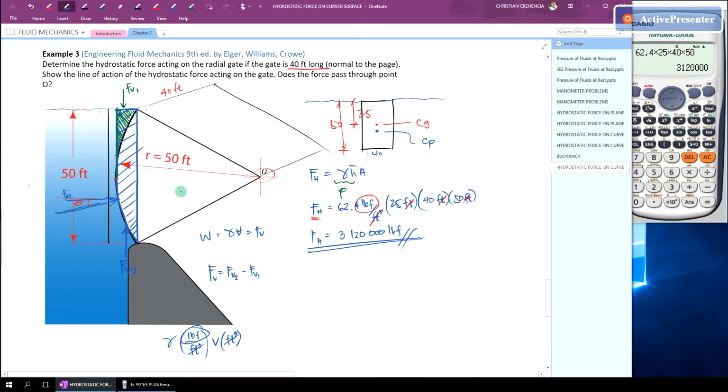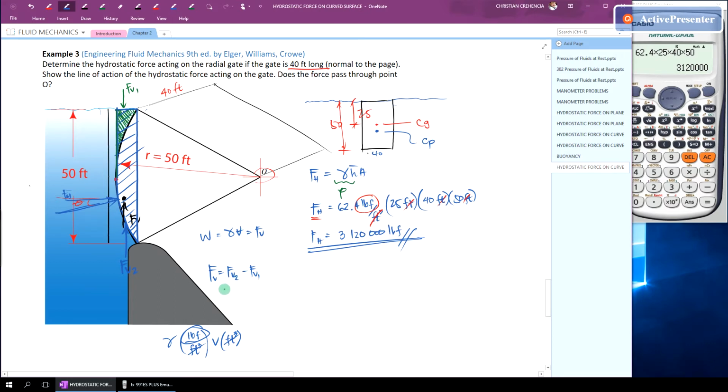So, in-expect natin ito na pataas. Then, the vertical component, FV. So, let's say, dito yung magiging center ng hydrostatic force. Okay, so, yung FV is going up. Okay, so, if we get the summation of vertical forces, we can easily determine that yung FV is equal to FV2 going up, then mababa siya nitong FV1.